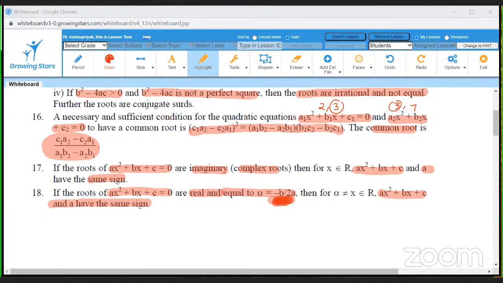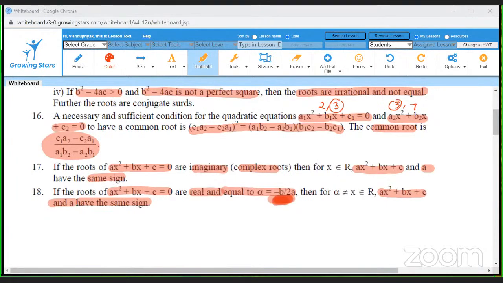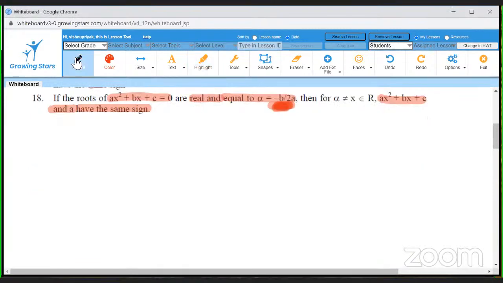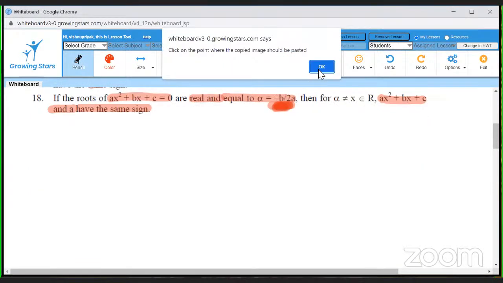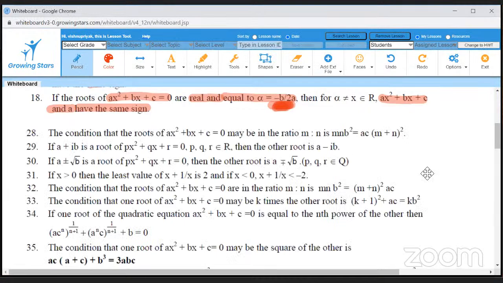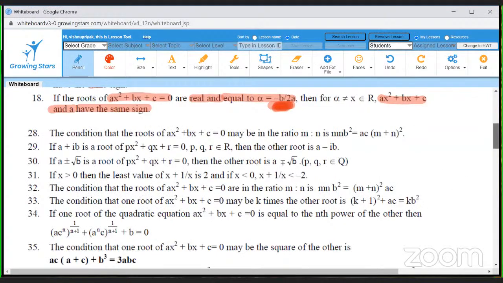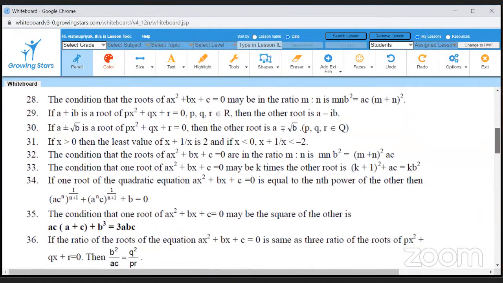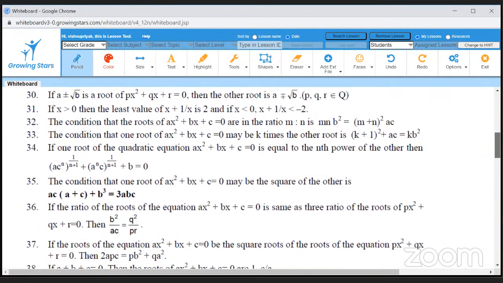You cannot ask why this is happening. That's why I'm not reading it and not explaining much. If you can memorize, you memorize. Otherwise, you have to do it the long way. These are the shortcut formulas.